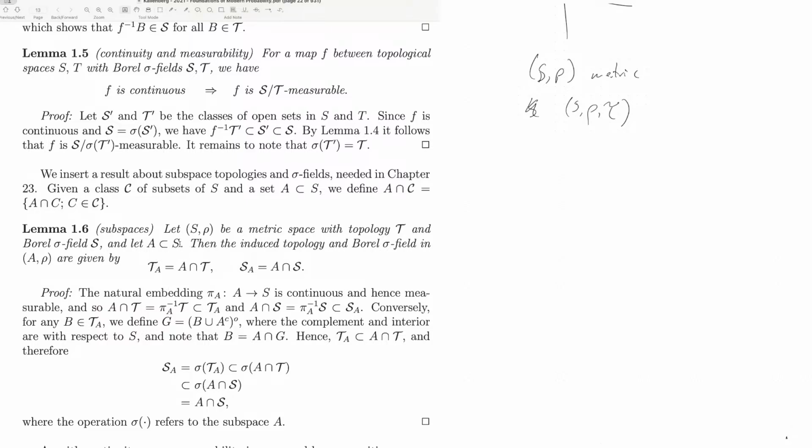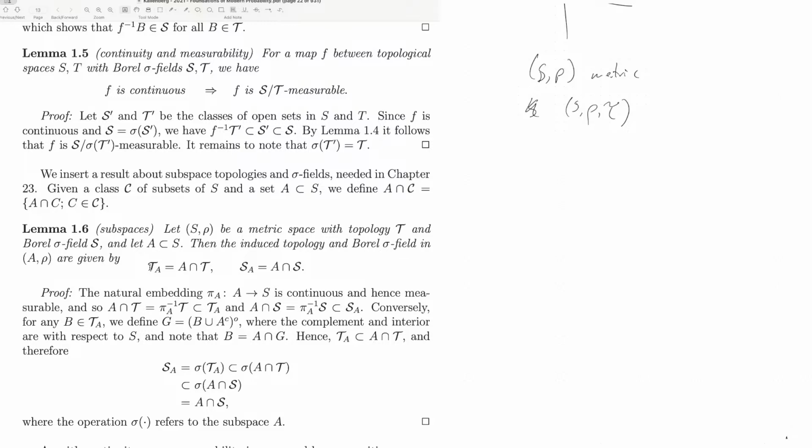It's just some element of S, or basically like an element of the topology or the Borel sigma field. But it could be nasty. It doesn't necessarily belong to either of those. Then the induced topology and Borel sigma field on A rho are given by the induced topology, Borel sigma field. All right, so the Borel sigma field is known. I see. Okay. Yeah, so I guess the subspace sigma field.